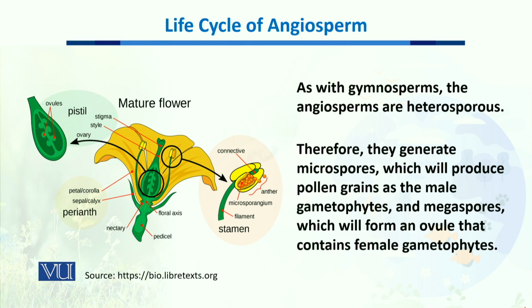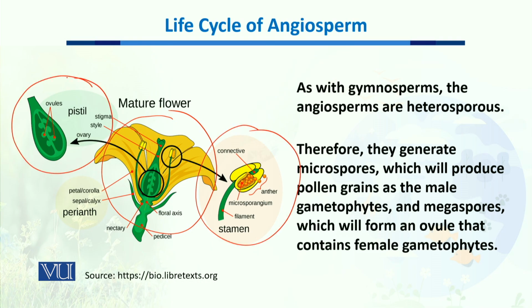Take the example of the very specialized structure known as the flower of angiosperms. It contains both male as well as female parts. The male part is known as the stamen, and it is comprised of the anther as well as the filament.